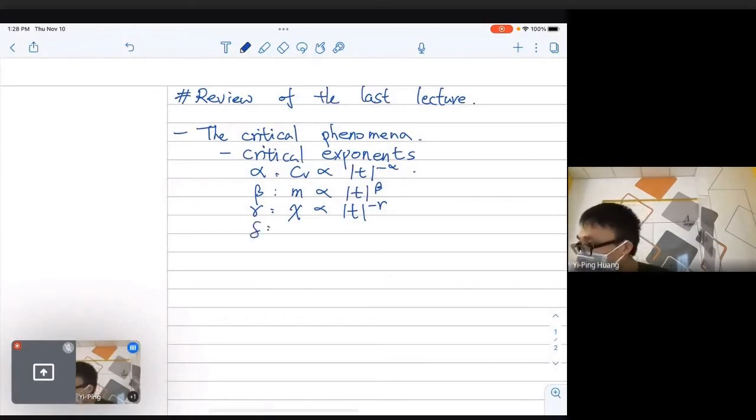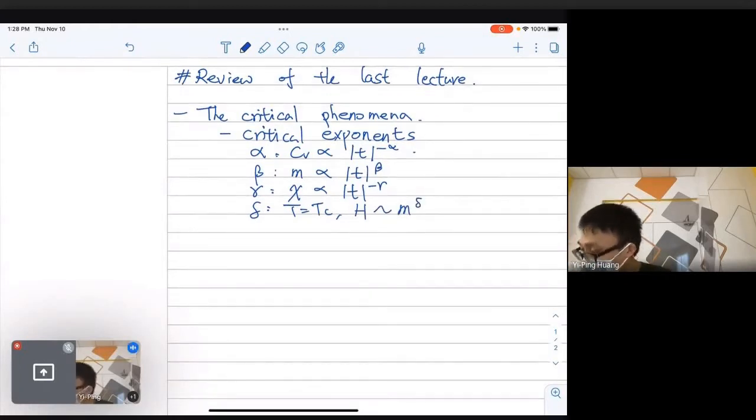Delta describes, at T equal to Tc, how the magnetization scales as a function of the external field. Maybe I should use little h to avoid confusion with the Hamiltonian.